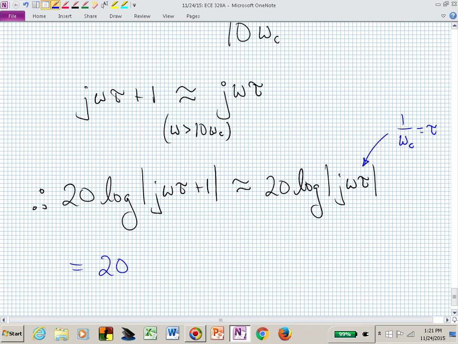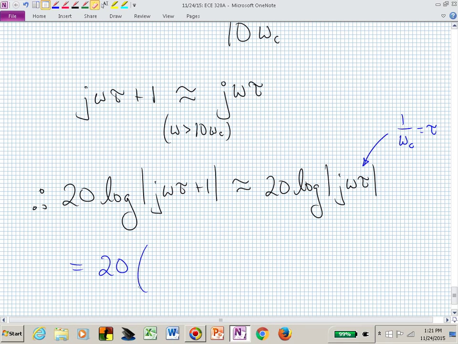Where's my horizontal axis? Let's say it's south. So then I would turn 90 degrees and go up 1. So what's the magnitude of j? What's the length of that distance? 1. So I can drop that j from my magnitude and just consider positive frequencies.